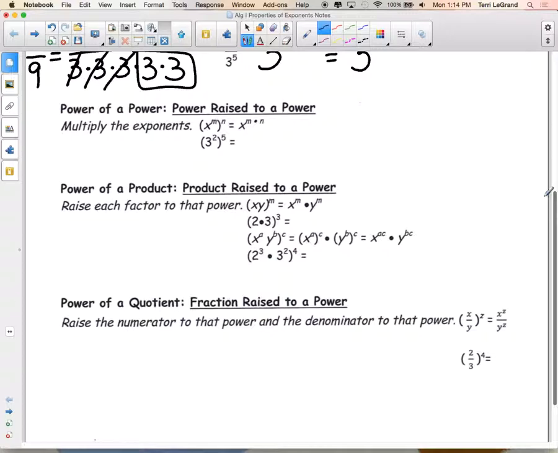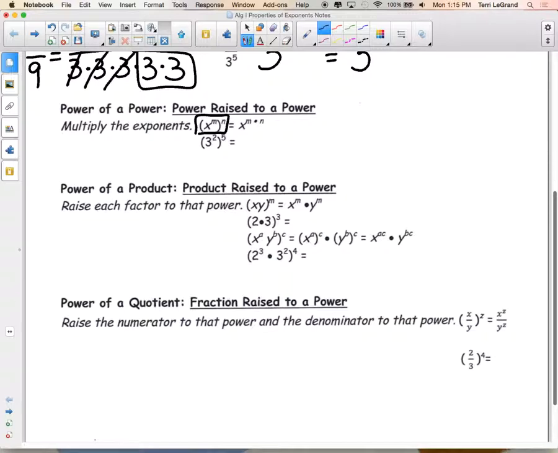It's a base that has already got an exponent on it, and that power is now being raised to another power. Let's put a box around that. x to the m power is being raised to the n power. And what's the shortcut there?